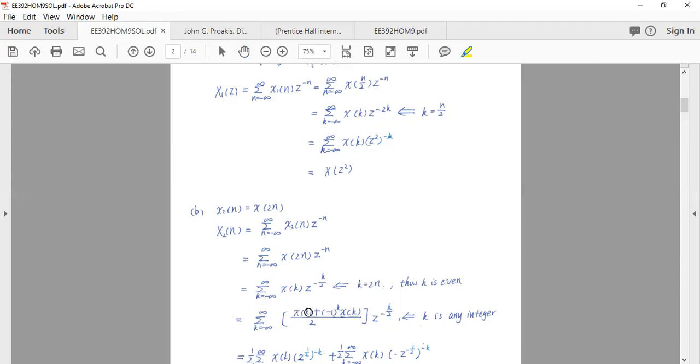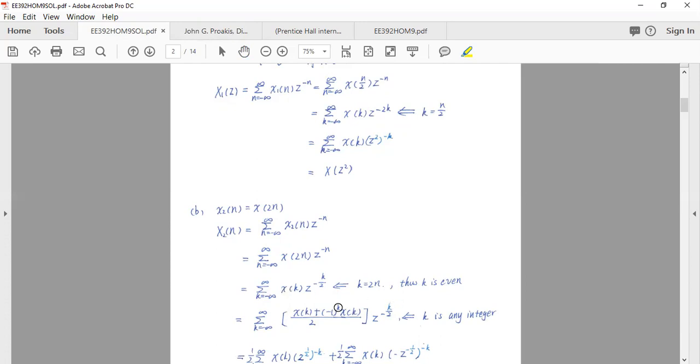Remember, this x of k can be rewritten as this for k equal to even. If k is even, this part will change into positive, so x of k plus x of k divided by 2 will just give me x of k. So basically we're getting this term back.